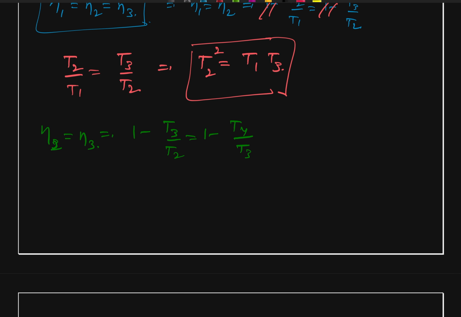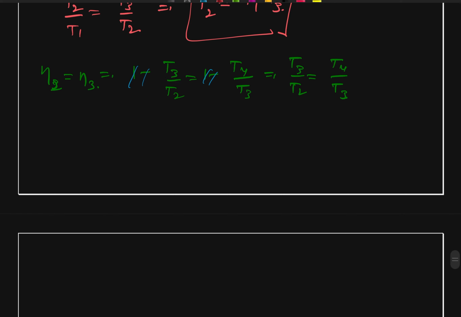Here also the 1 minus goes away. This gives us T3 upon T2 is equal to T4 upon T3, and from here we get T3 square is equal to T2 times T4.